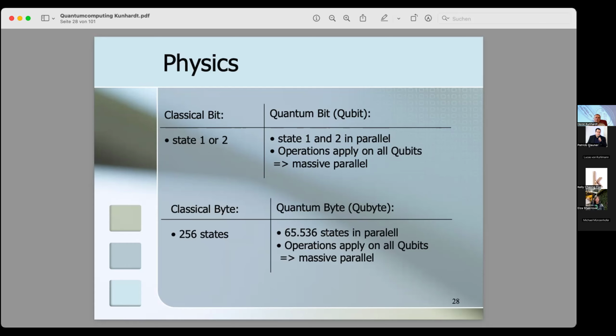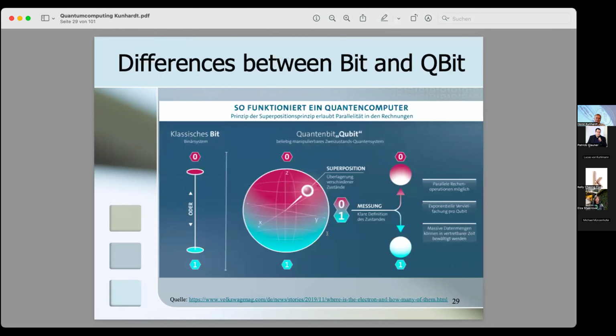So again, 8 bits or a lot of parallel states can be reached with a quantum byte or a quantum qubit. Here again, some differences between the classical bit and the quantum bit.